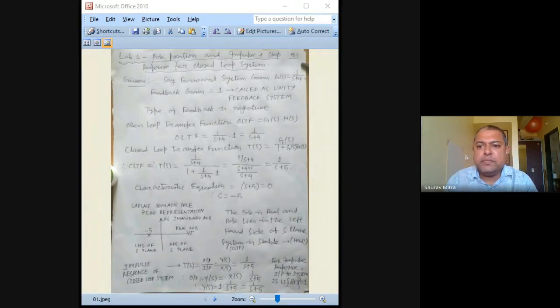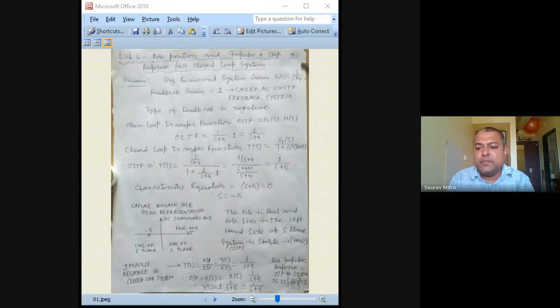So today we will do the experiment called the impulse response and step response of a given transfer function. We have come to know about the transfer function. There are two methods of finding the transfer function that we have learnt. One is the block diagram, which we process using the block reduction method.